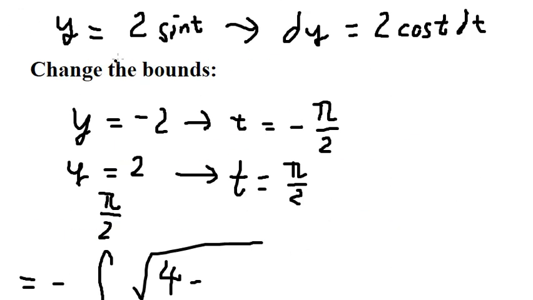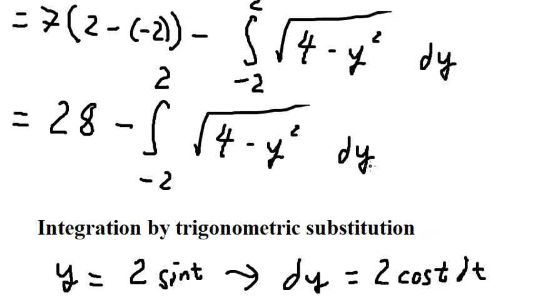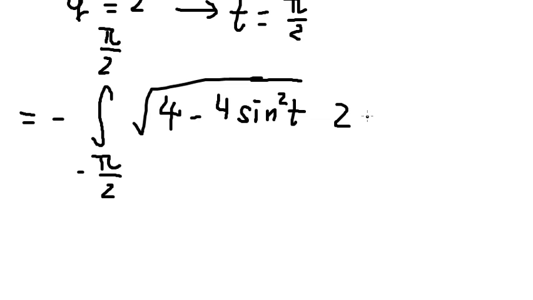So y we change to 4 sine t squared, and dy we change to 2 cosine t dt.